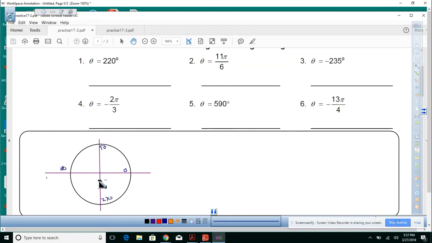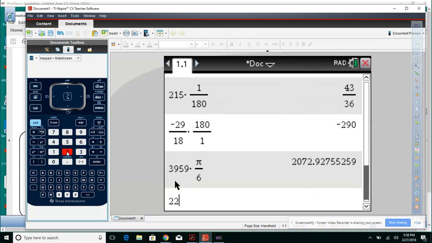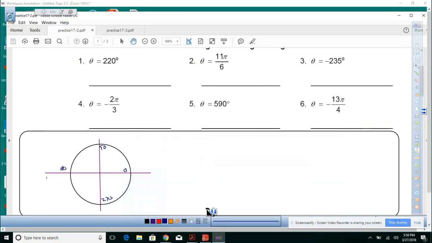So it's too far. Let's see, 220 minus 180, I get like 40. Okay, so we know that's not quite halfway there.